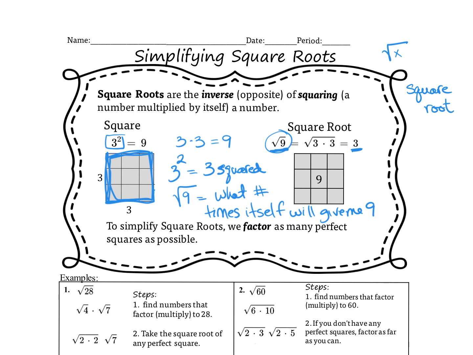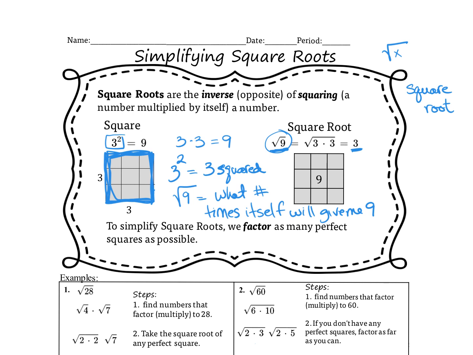So this is what we call a perfect square. Okay, 9 is a perfect square because it creates a perfect square, because 3 across and 3 down will create a geometric figure that's equal on all sides.